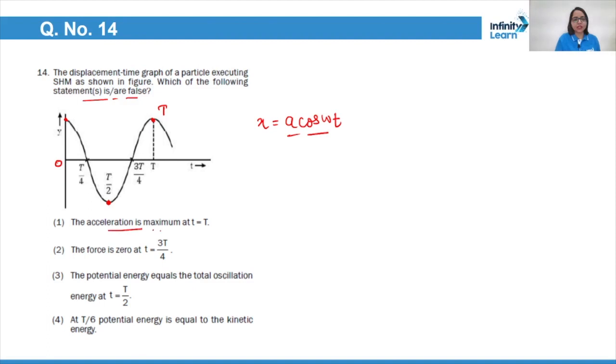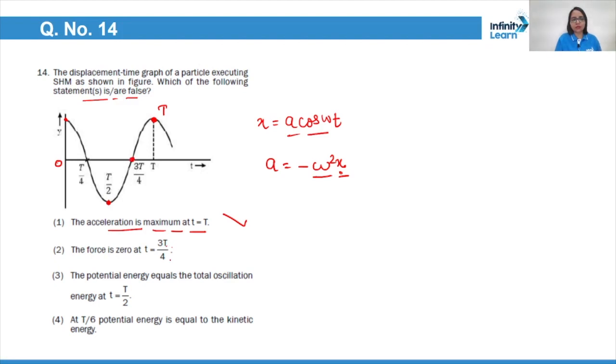So the acceleration is maximum at t equals capital T. Acceleration is minus ω squared x. Okay. If x is maximum, then acceleration is maximum. x is maximum at t equals T, so acceleration will be maximum. So this statement is true. Force is 0 at t equals 3T by 4.